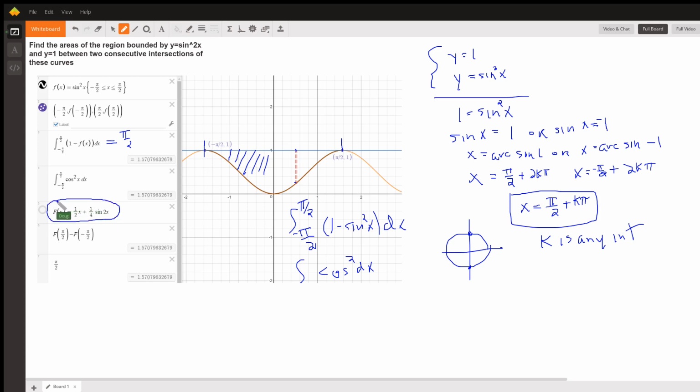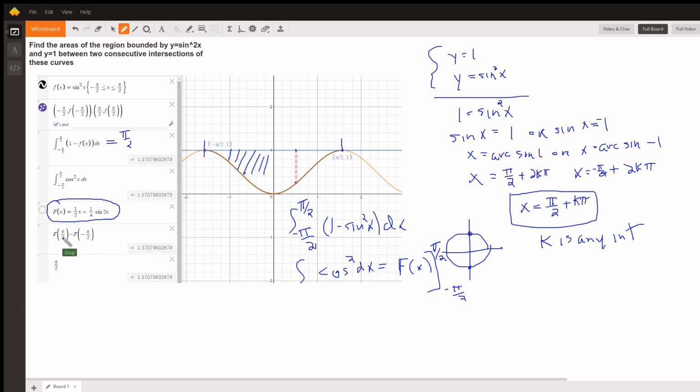And so we know to evaluate this integral, we're going to evaluate the antiderivative, f of x, from negative pi over 2 to pi over 2. Or that's one possibility.